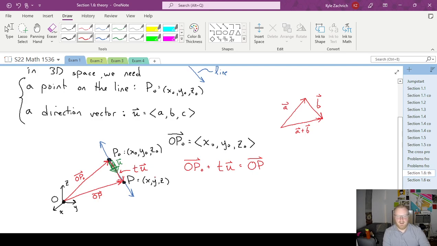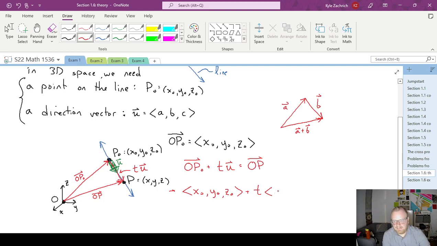All right. Anyway, when I break this down, we already said that OP naught is this thing, x naught, y naught, z naught. T is just some letter. This u vector, remember this is a, b, c, right?